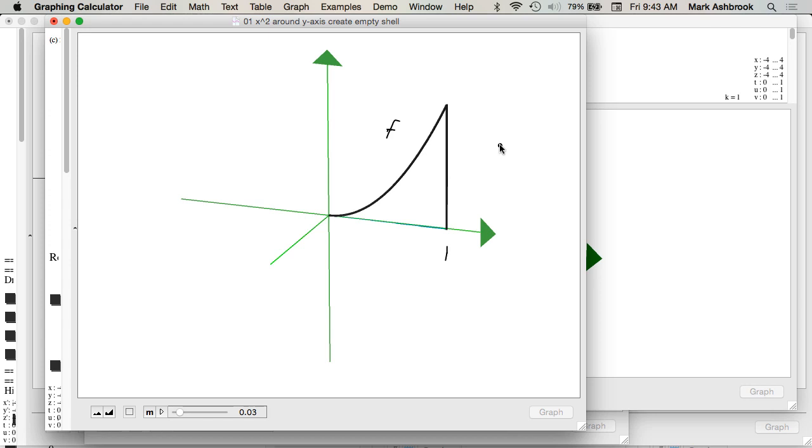Okay, what's one of the defining characteristics? Yes, sir? f of x is greater than or equal to 0, less than or equal to 1. So f of x is f of x.